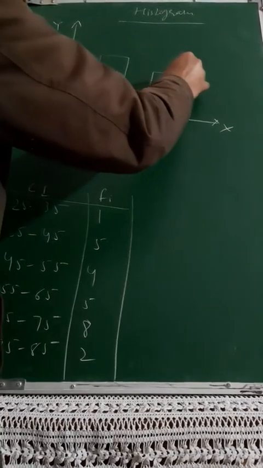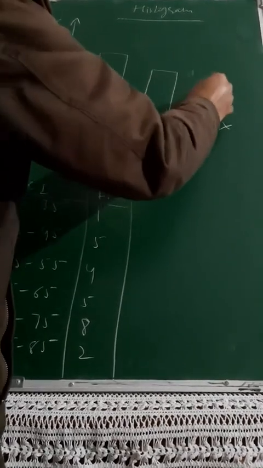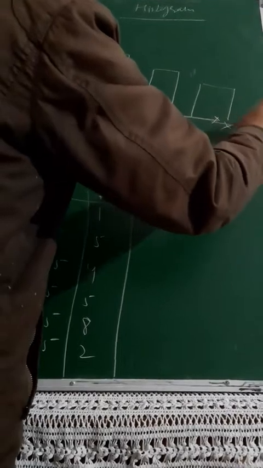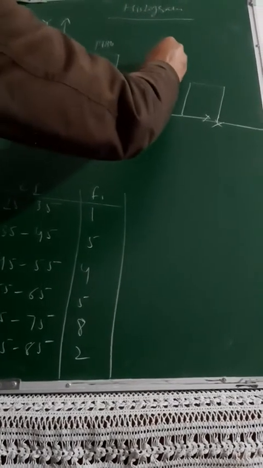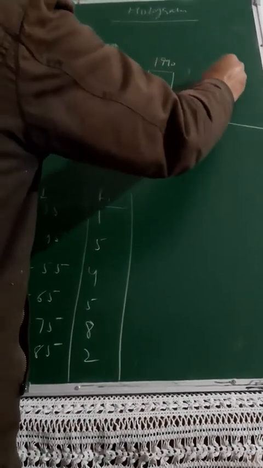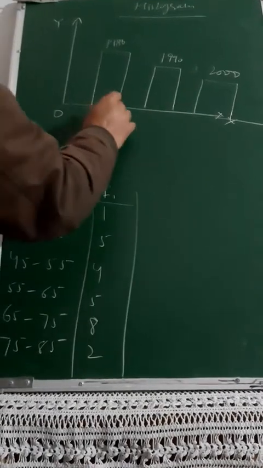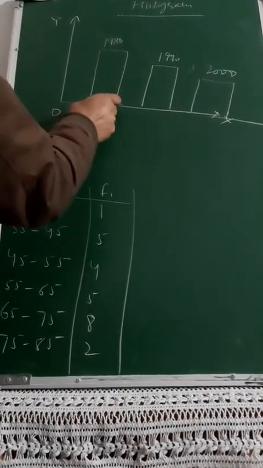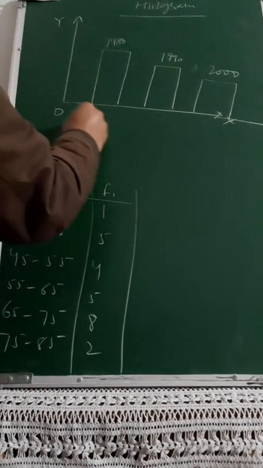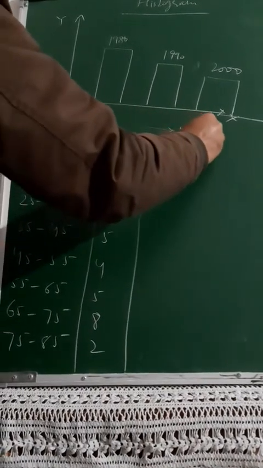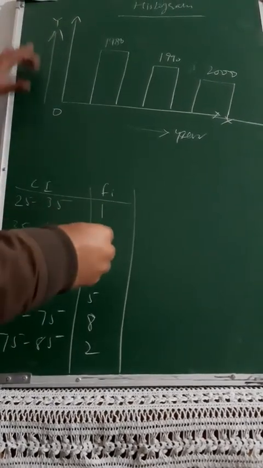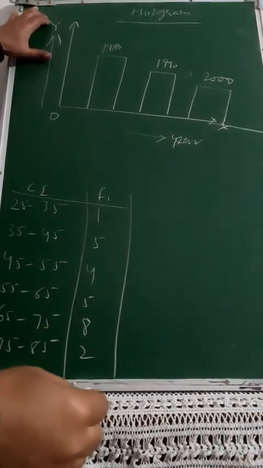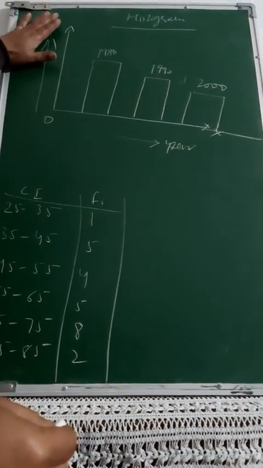You show the bars denoting the production in the years, suppose 1980, then 1990, and then 2000. These bars are denoting the years, and then production, suppose in tons. So production is along the y-axis, that is your vertical line of axis.